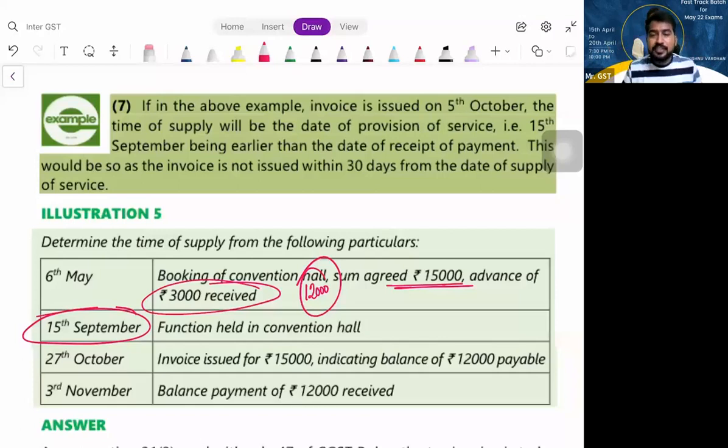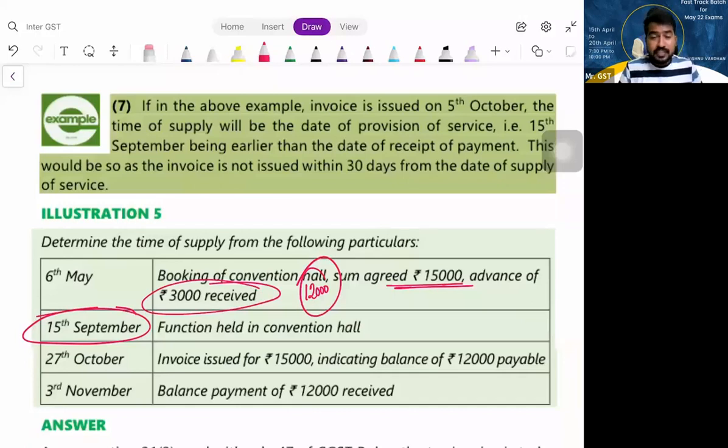What is the time limit to raise the invoice? 30 days from the supply of service, that is, the date of completion of service. So from the completion of service, within 30 days, you should have raised the invoice. Did they raise the invoice within 30 days?